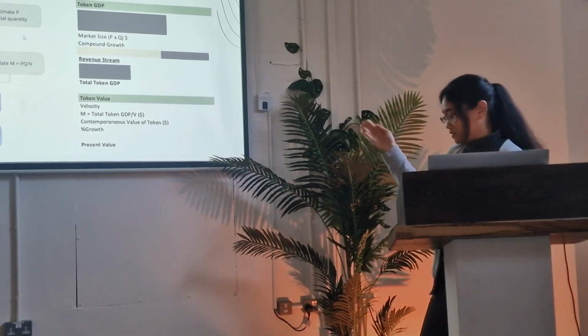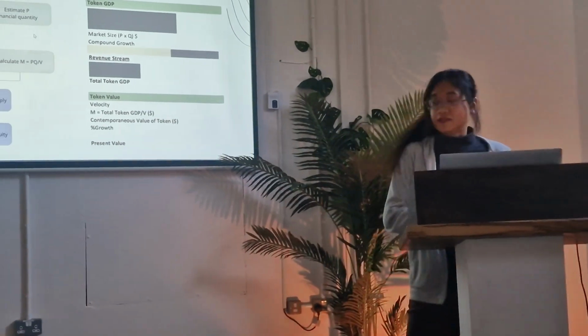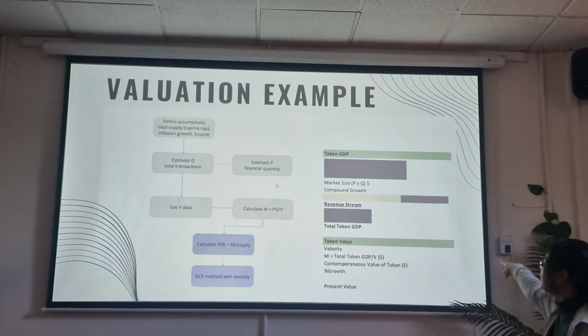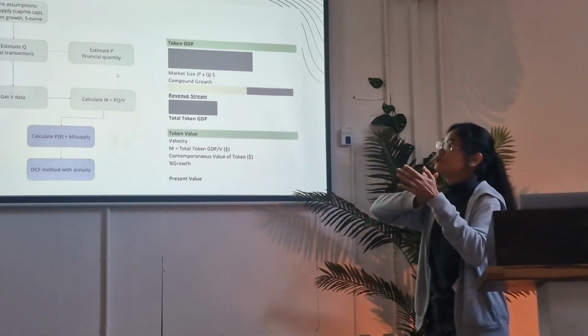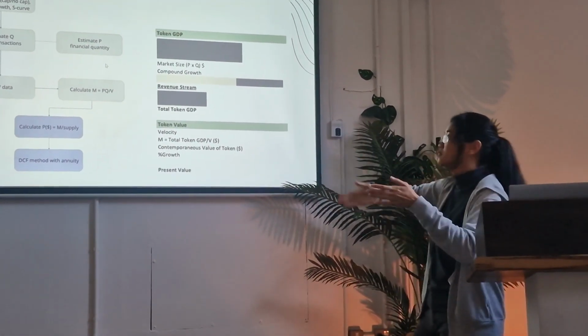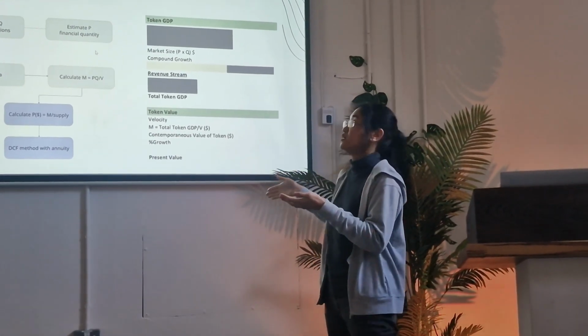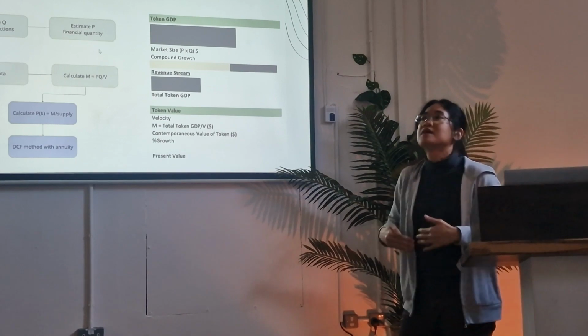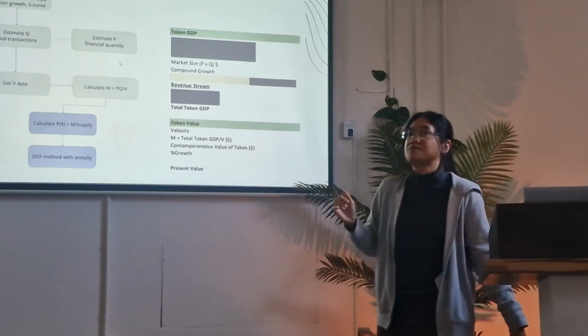And then if you want to follow the DCF method in the annuity, I can show you here. There is this contemporaneous value of token. Contemporaneous is basically, if you do the annuity method, you can project the value of the token every month or every year, but then you have to bring it back to now, discounting it to get the present value.